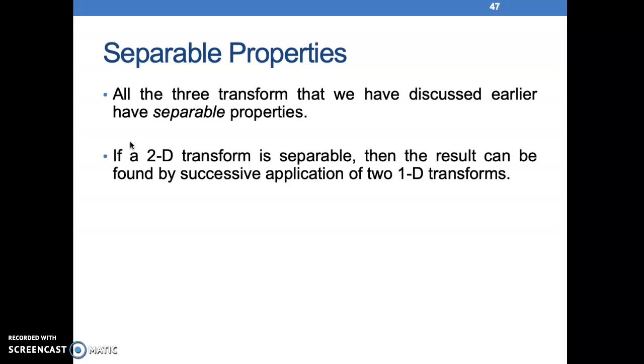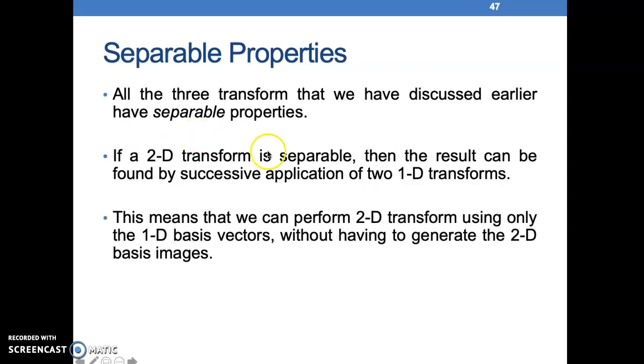All three transforms we have discussed earlier have separable properties as well. Separable properties means you will generate the basis image from the 1D transform. If a 2D transform is separable, then the result can be found by successive application of two 1D transforms.